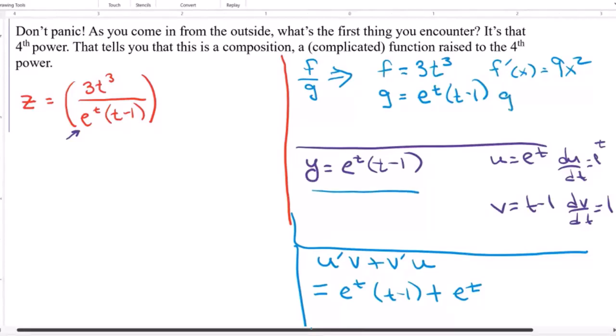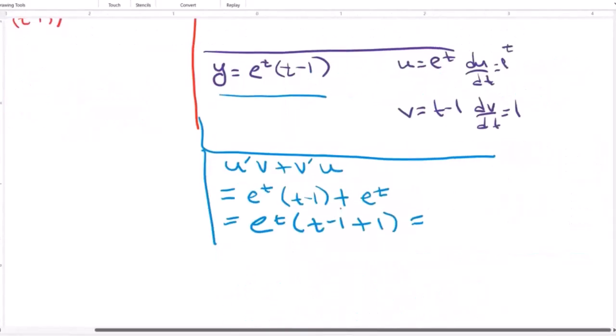So g prime is equal to, and again, I think it's always easier when you factor stuff out, let me simplify this. I'm going to factor out an e to the t, and then I have t minus 1, which gives me my first term, and then for my second term, I have plus 1. Now look at that. t minus 1 plus 1 is just t.